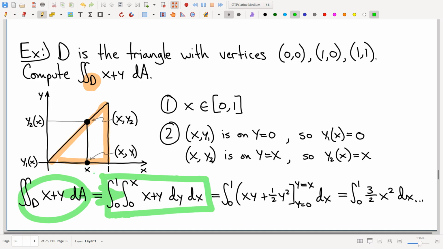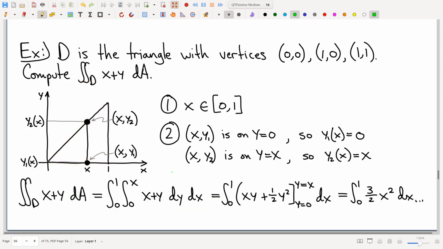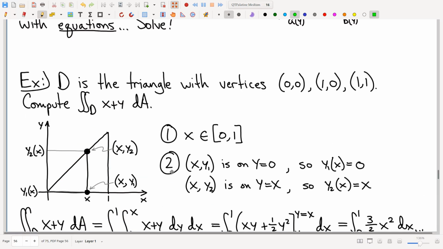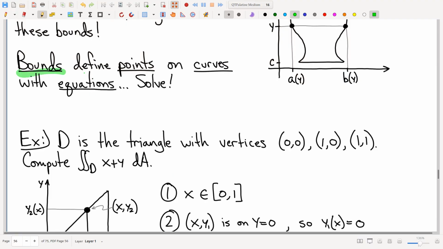That's going to be our goal here. Does everybody see what we're trying to do? Okay. We're going to follow this process pretty much. We're going to find bounds by identifying the relevant points, seeing that they're on certain curves that have certain equations, and then solving for what we need.